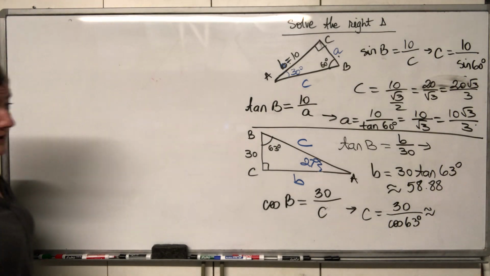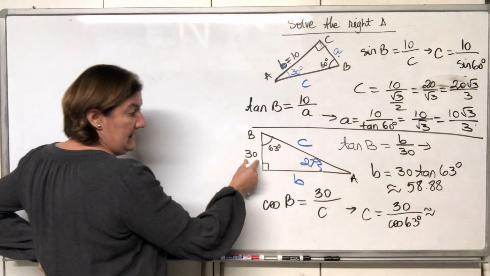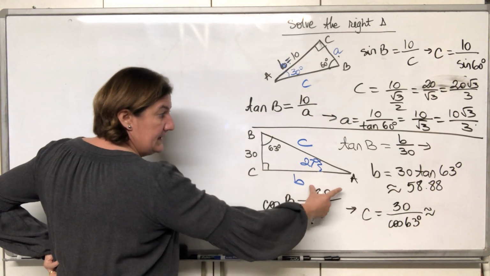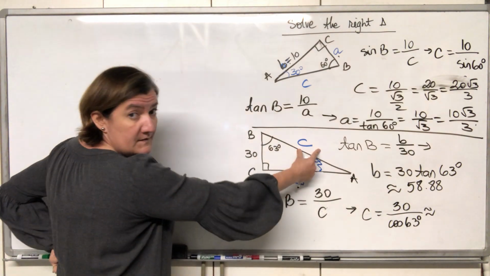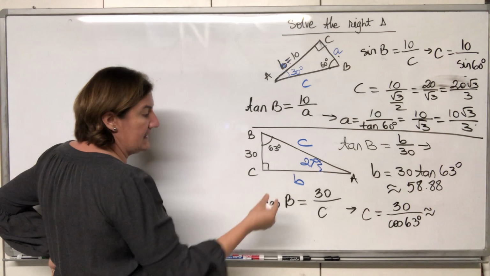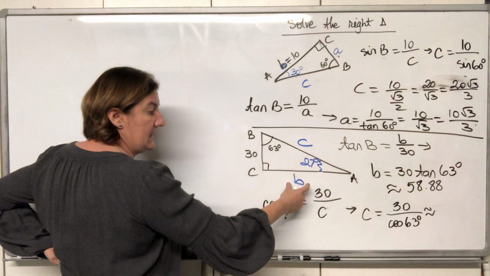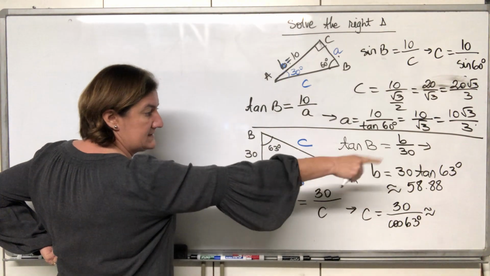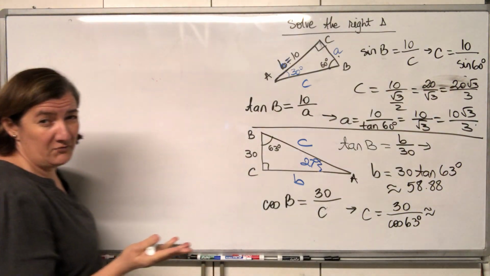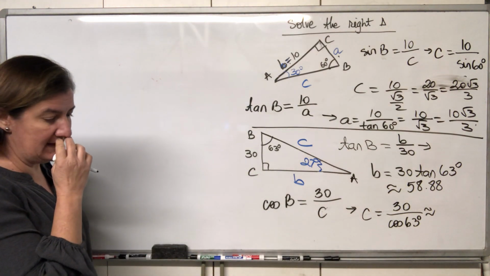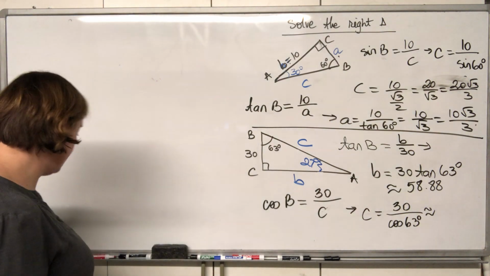The other thing you could do, you have the side 30, you have B is 58.88, you could use the Pythagorean theorem to find the third side. As I said, I don't recommend using values that you got by approximation. But again, we're just rounding to 2 decimal places, so that's not a big deal. You'll get close enough to the answer.